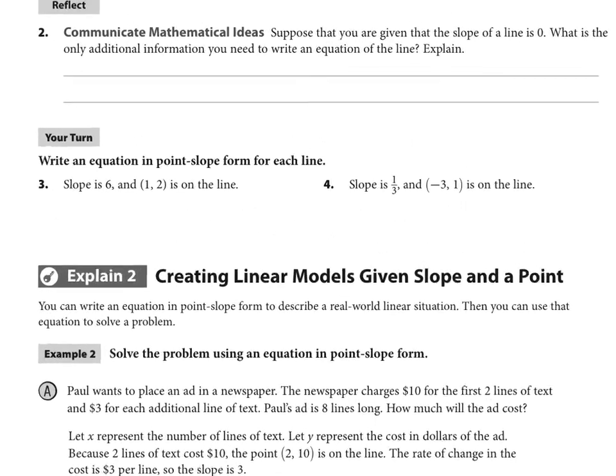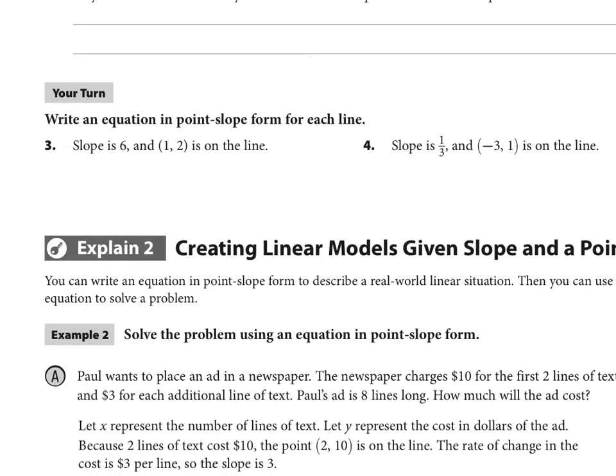Your turn, number 3, is we're going to write an equation in point slope form for each of the lines. So the slope is 6 and the point (1, 2) is on the line. If you remember, the point slope form looks like this: y minus y1 equals m times x minus x1.